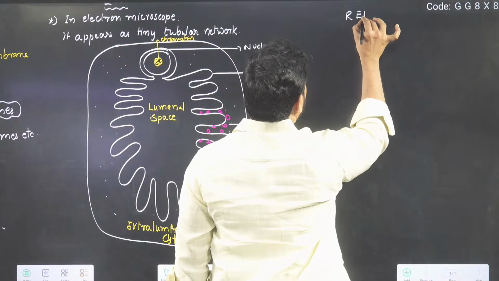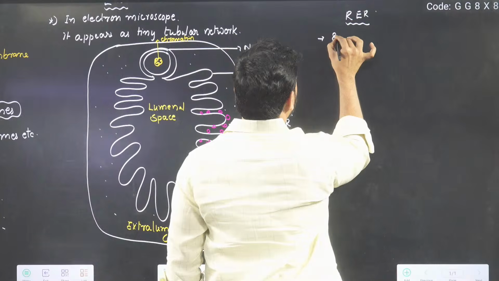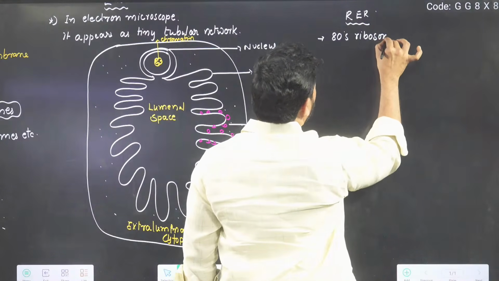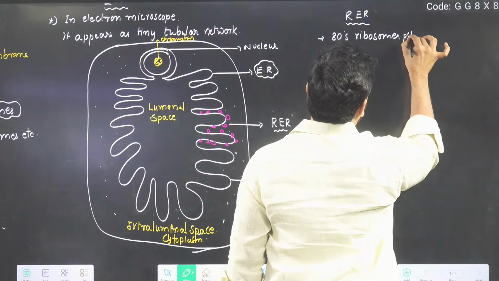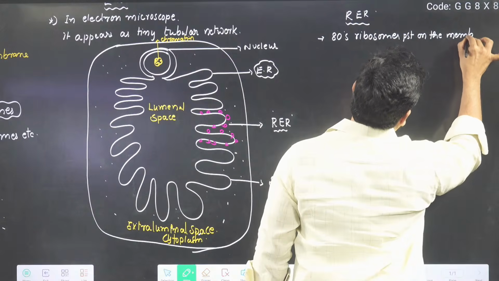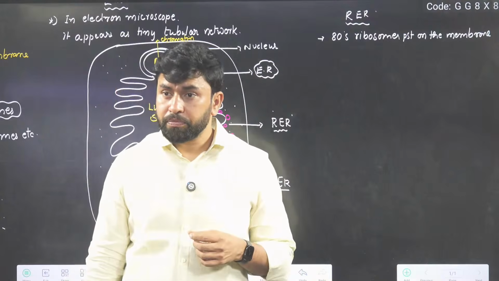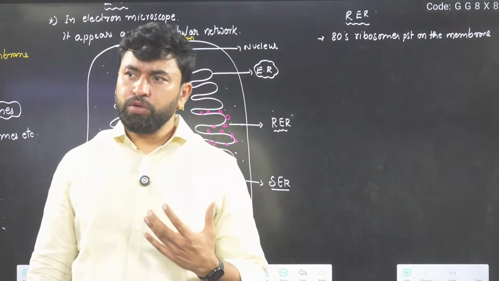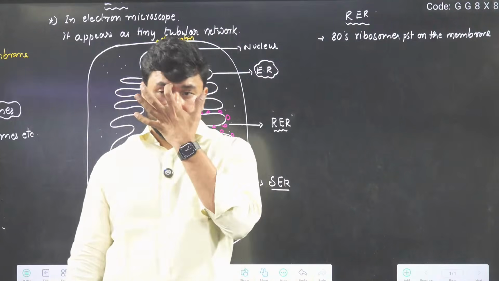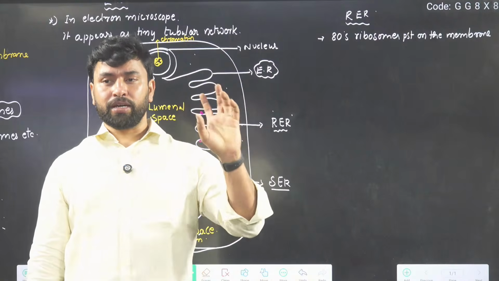That's it. Then come back to the properties of RER and SER. Rough endoplasmic reticulum has 80S ribosomes present on the membrane. On the membrane, what type of ribosomes are present? 80S. Be very careful. You have been saying if ribosomes are present, rough endoplasmic reticulum, and if absent, smooth endoplasmic reticulum. Excellent. But what type of ribosomes are they?